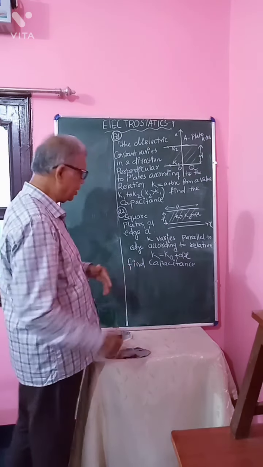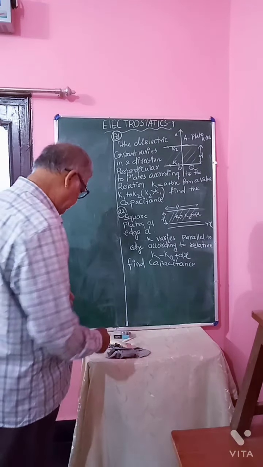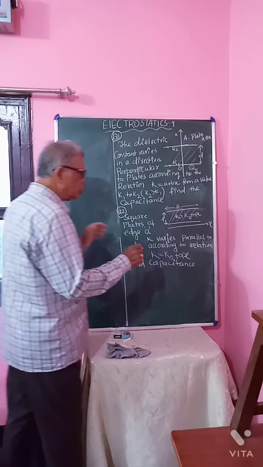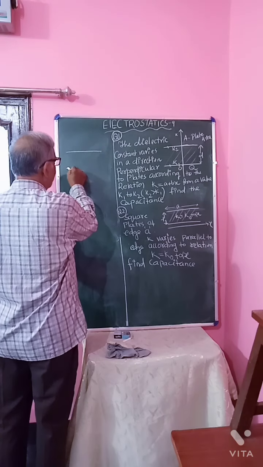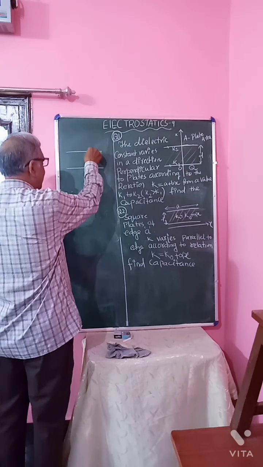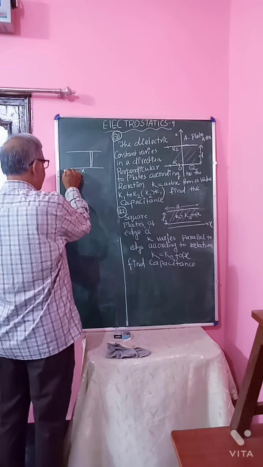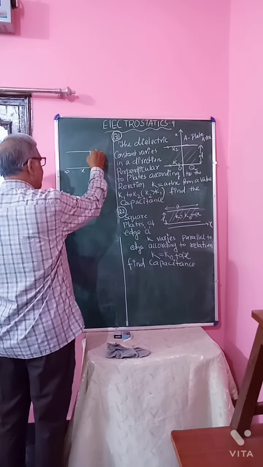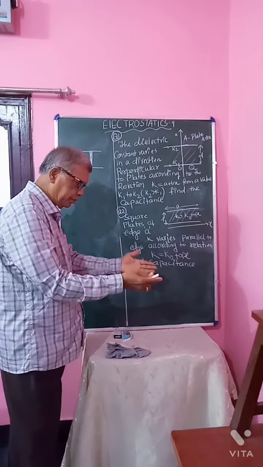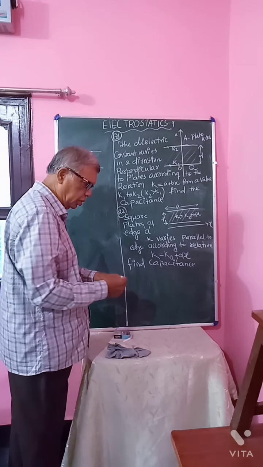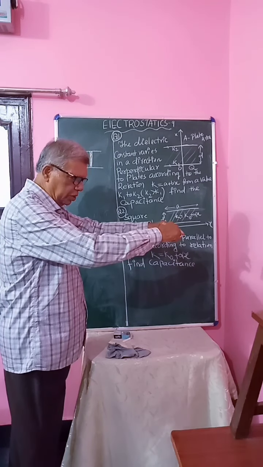So let us find out the expression for capacitance here. To obtain an expression, you choose an elemental length at a distance x, where this is x equal to 0. Imagine the parallel plate, and at a distance x you choose an elemental strip.